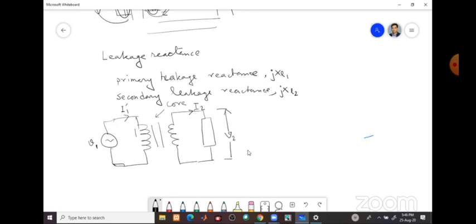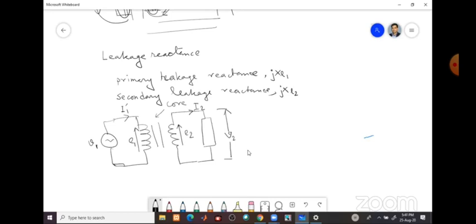Due to this V1, the voltage induced across this coil is E1, and in the second coil the voltage induced is E2. These things we discussed in our first class.